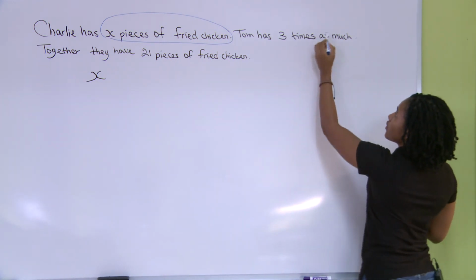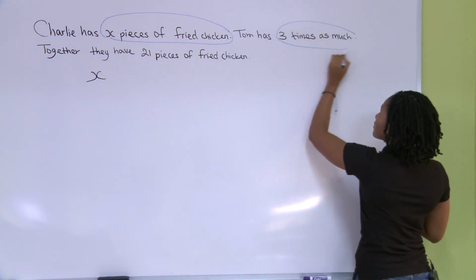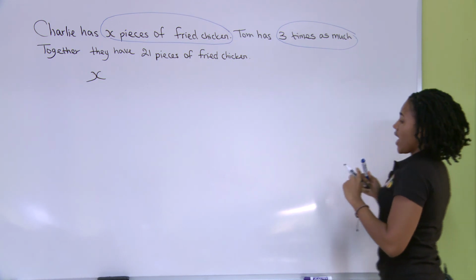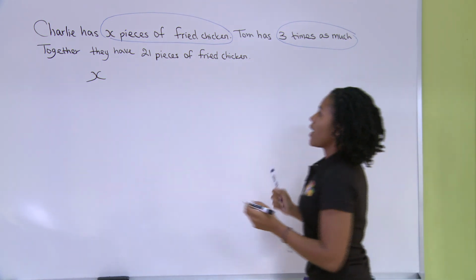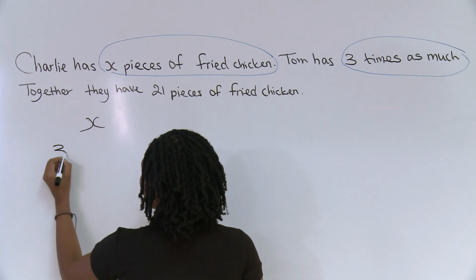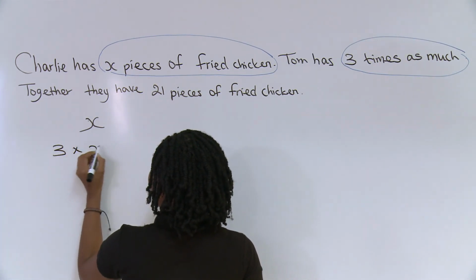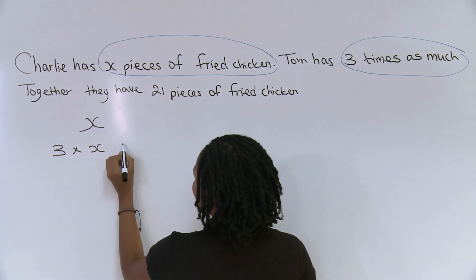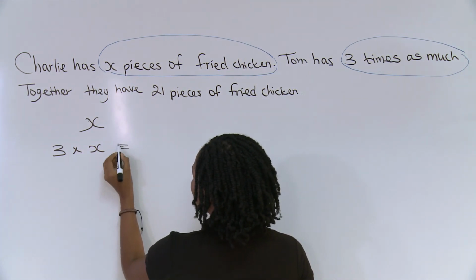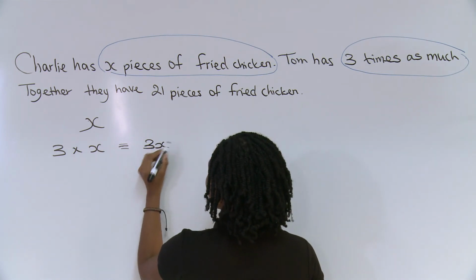Tom has 3 times as much. And in mathematics, 3 times as much simply means that Tom has 3 times X pieces of chicken, which is equivalent to 3x.